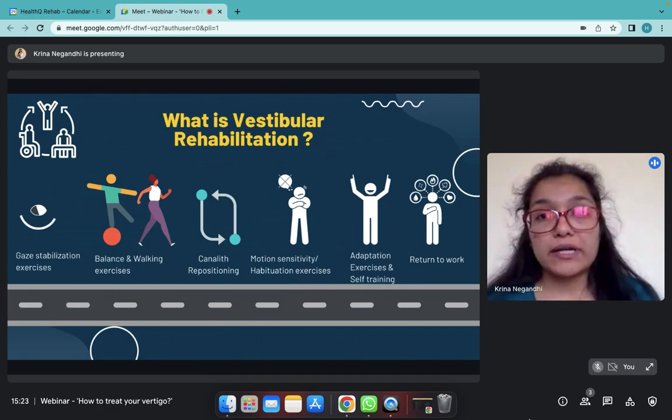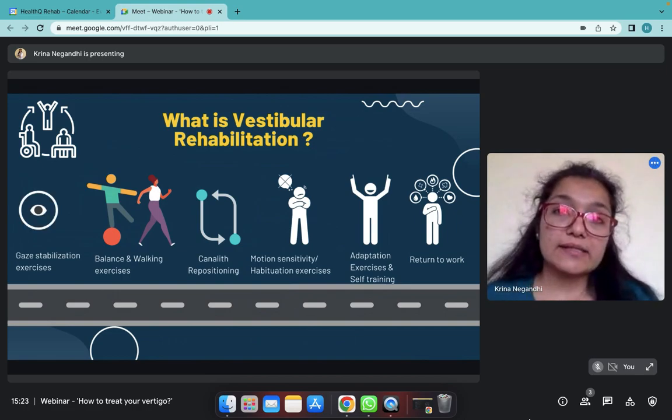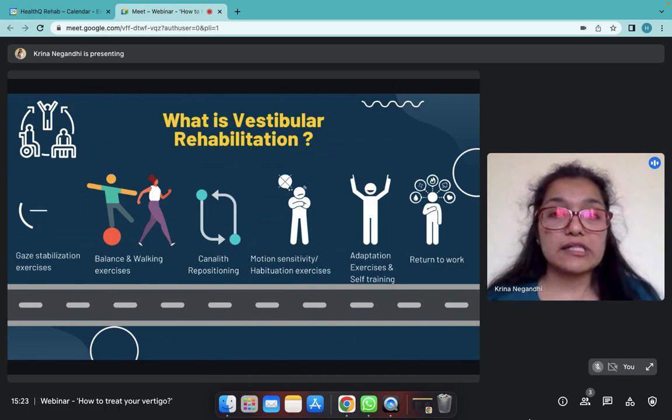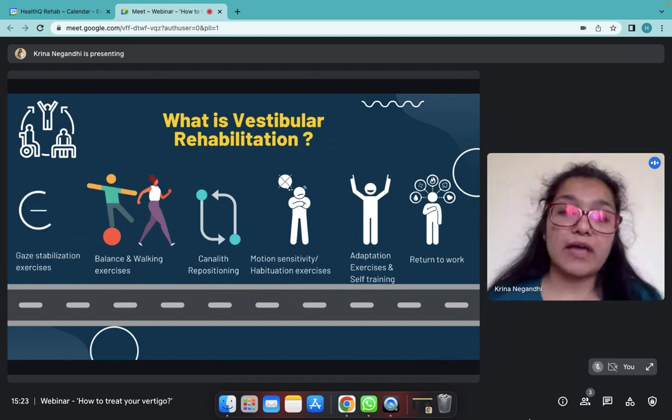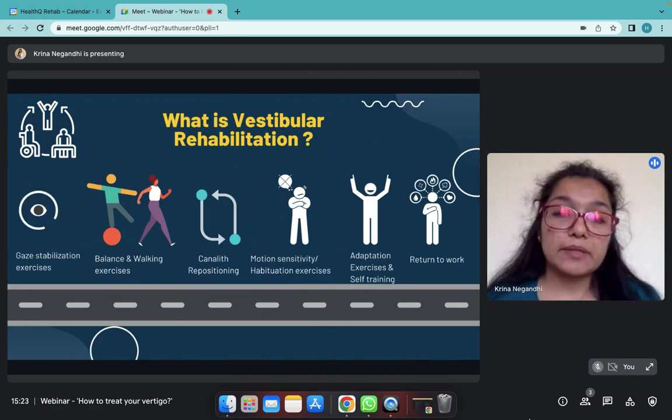Eye movement is already predetermined and pre-programmed by our brain. Hence, the first step of vestibular rehabilitation is eye exercise, followed by head exercises and body balancing exercises, where the vestibular system is compensated by adaptability to the external situation.